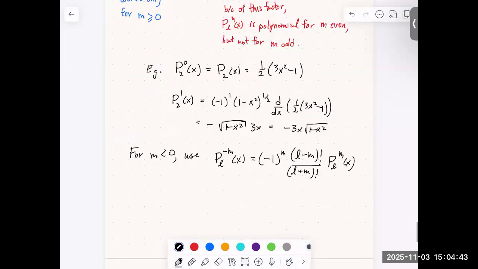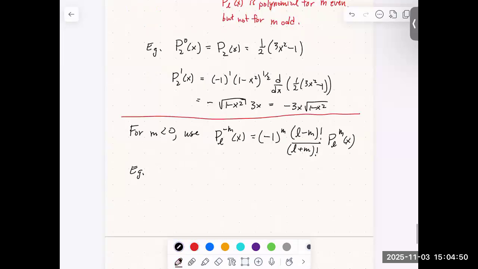So let's do an example. Like this. We've been doing the L equals 2 case. Let's do L equals 2, M equals -1. Really, this is like M equals 1, and then we pick up a minus sign here.